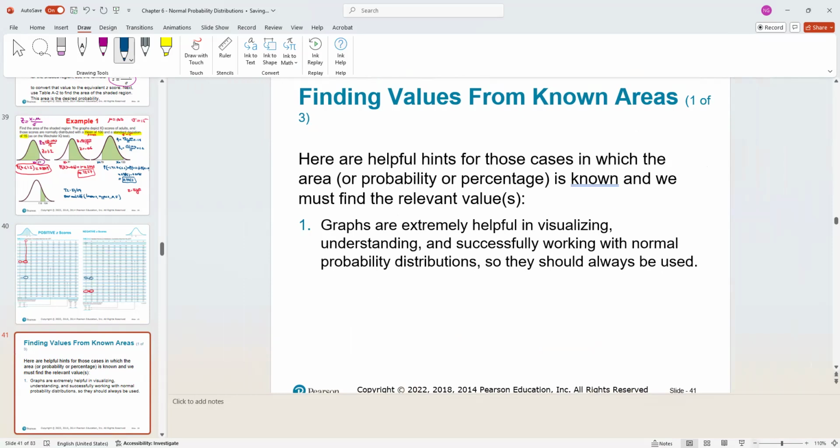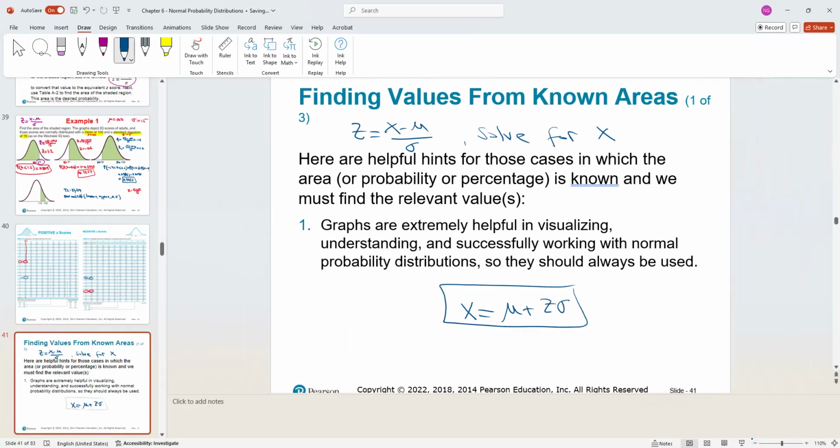When you look for values, because when you have z equal x minus the mean over sigma, you can solve for x. If you solve for x, then the answer at this point would be x equal the mean plus z times sigma. So we can also solve for values knowing the probabilities. We do the inverse of it.